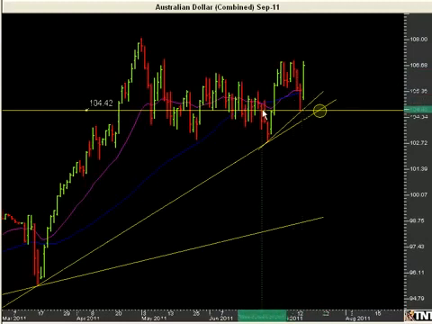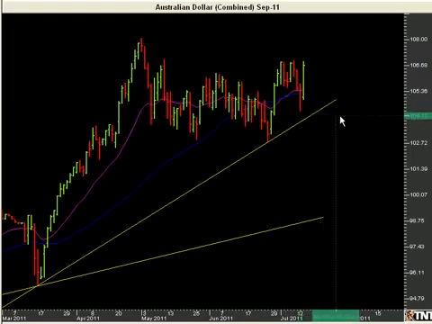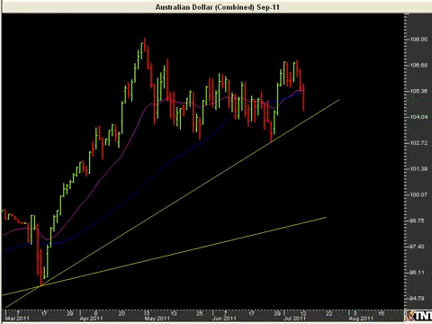If I erase this and erase this because it didn't happen just yet, okay, here we go. We see the Aussie dollar, it's in decline mode. We would be looking for some sort of reaction near the trend line. Now this one is reasonably close.